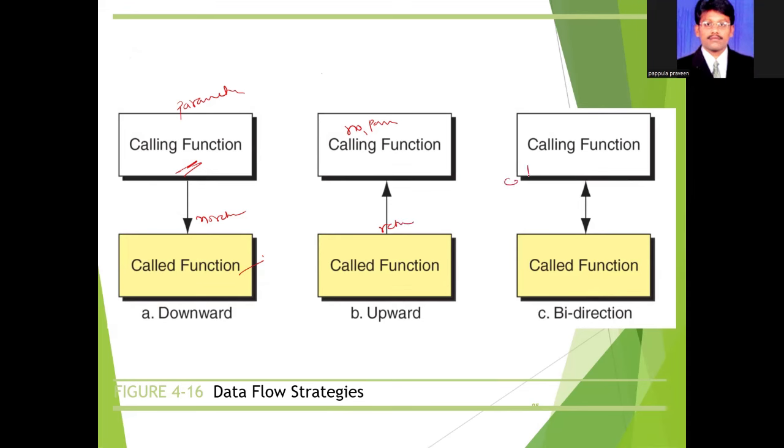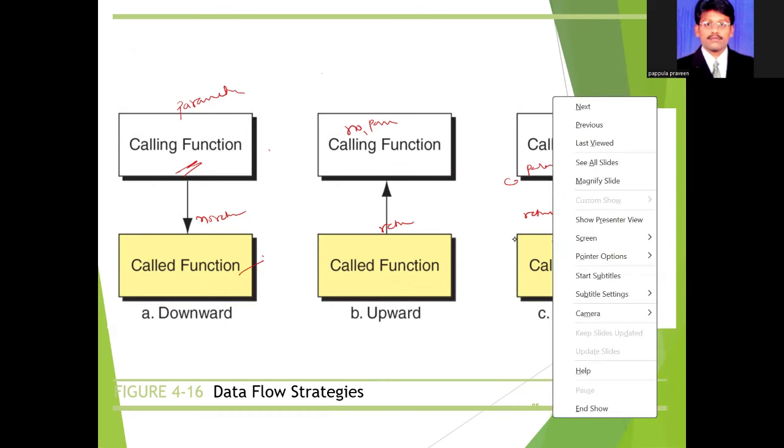This is the parameter and return, both bidirectional. Downward, we send the parameters. Upward, we send a return value from called to calling. And with both bidirectional, we send a parameter from the calling to the called function, and receive an output value, some integer or float or character value, from the called to the calling function.